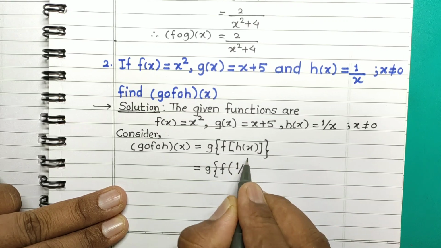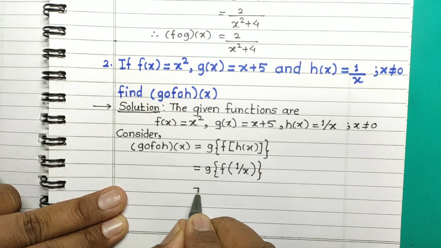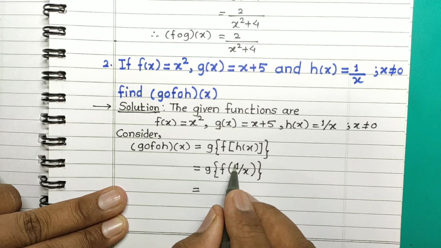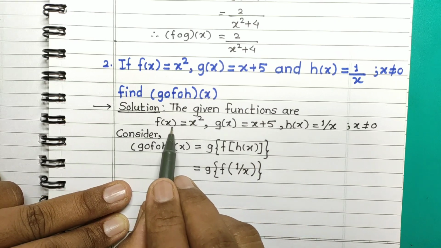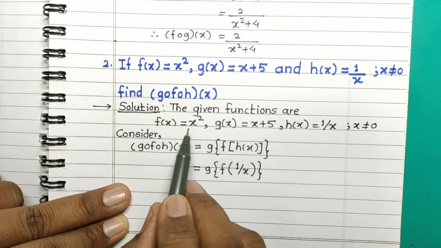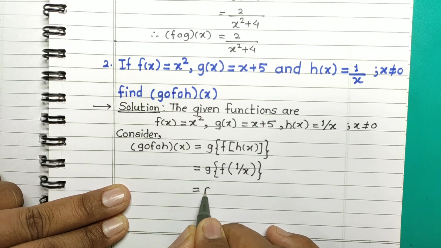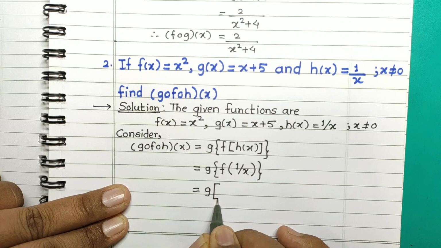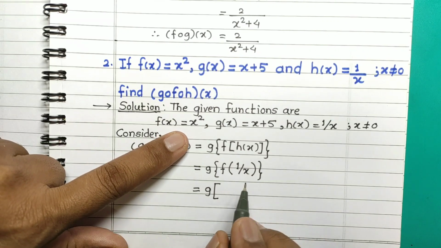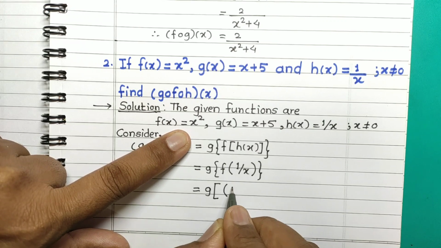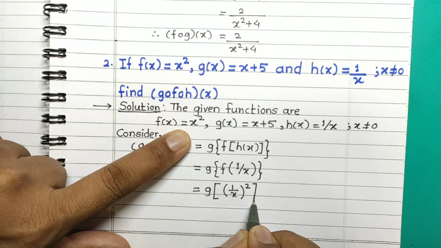Now you apply function f on this element 1 upon x. So we have f of x is equal to x square. So replace this x by 1 upon x. So we have this as 1 upon x bracket square.